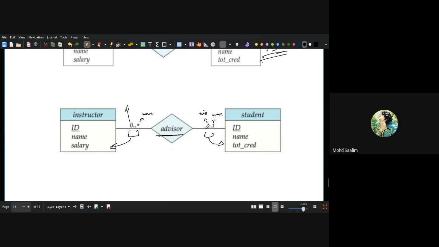So what does this 1 mean? This 1 means that there should be at least one student participating in a single relationship with instructor. So for example, if there are 3 rows, then in every single row of this advisor, there should be at least one student participating. If there are 3 students, 1, 2, 3, all 3 of them will go inside.